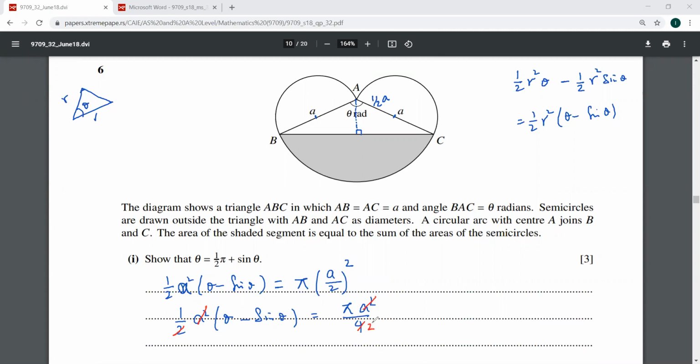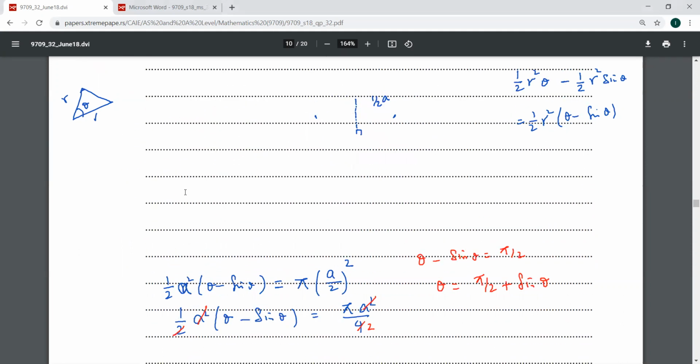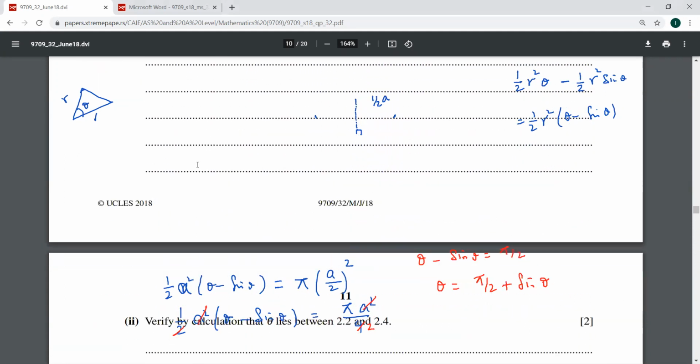This is 2's. So we have theta minus sine theta equal to pi by 2. So we have shown that theta is pi by 2 plus sine theta. Was this it? This was really easy. There was nothing hidden, no tricky thing going on in this part.